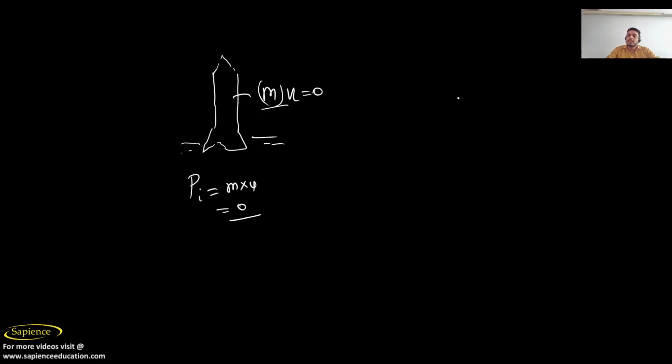Now when it gets launched and starts going in the upward direction, what happens? Gas also comes out. Suppose the mass of the rocket is mr and its velocity is v, and suppose the velocity of the gas is v and the mass of the gas is g.